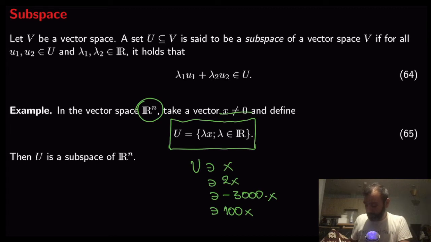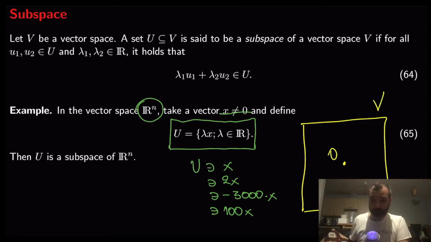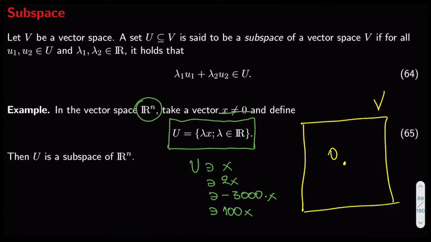So how does this U look like geometrically? This is my space V, my vector space. This is 0. And this is my vector x. Now have a look. This set U is this.